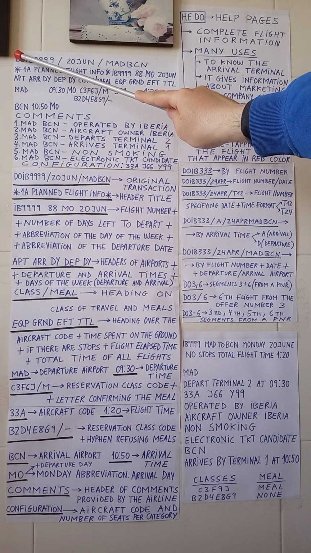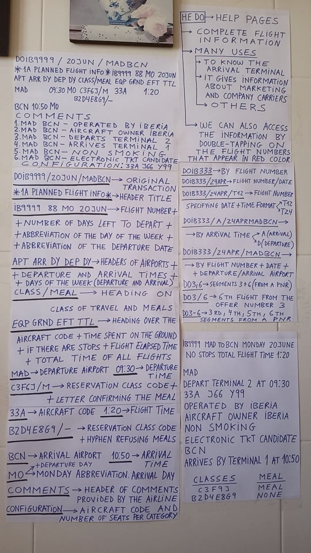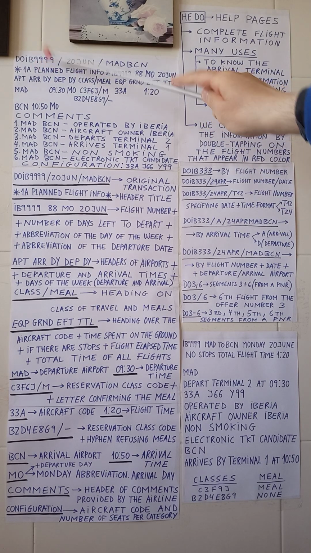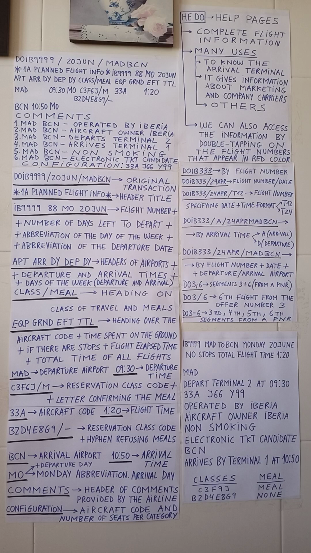DO is the code that serves to initiate the transaction. IB 9999 is the flight number. 20JUN is the abbreviation of June 20. MAD is the abbreviation for Madrid. BCN is the abbreviation for Barcelona.